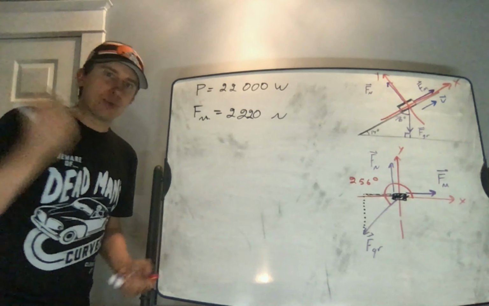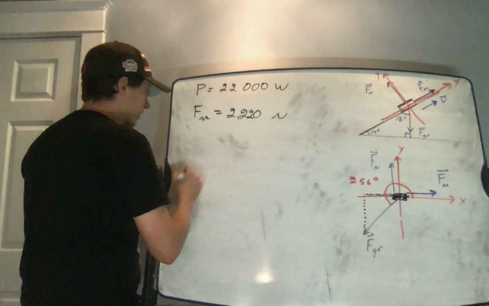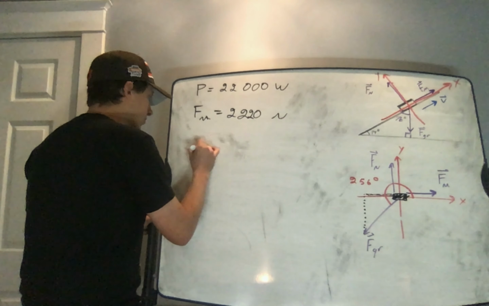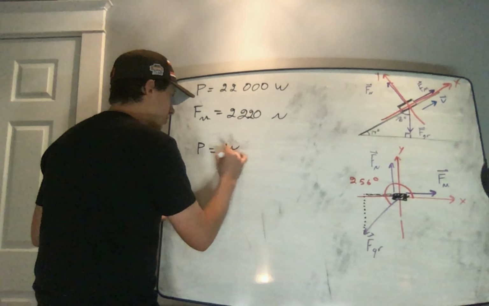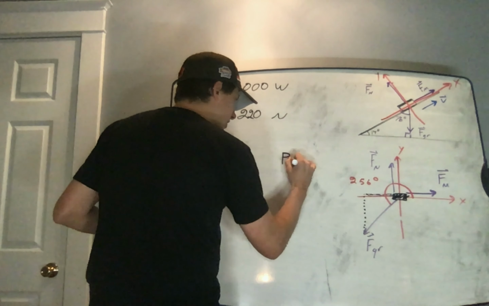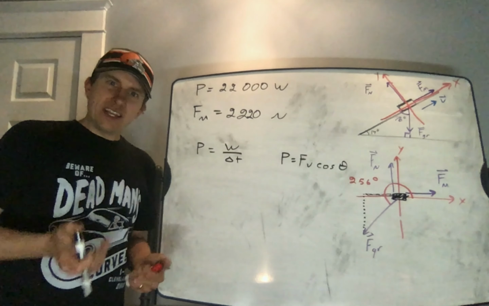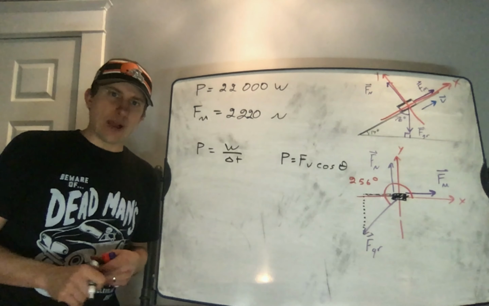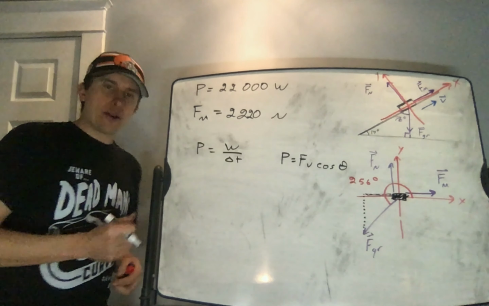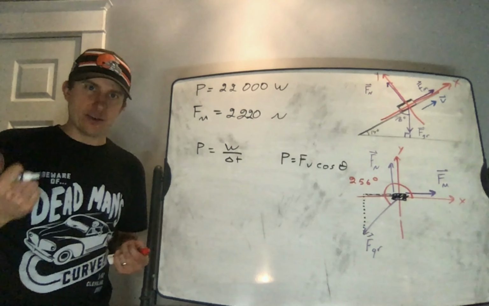We have two options for solving the speed at which the skiers are moving. We could say power equals work done over some time interval, or we could say power is equal to F V cosine theta. Looking at these two equations we have for power, the first equation I wrote describes the average power delivered to the skiers by the motor.